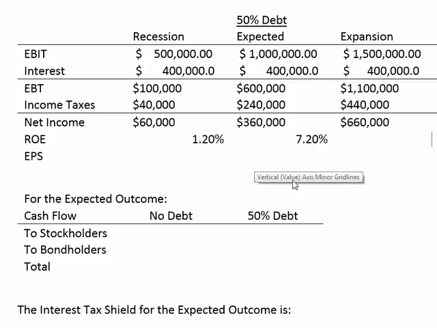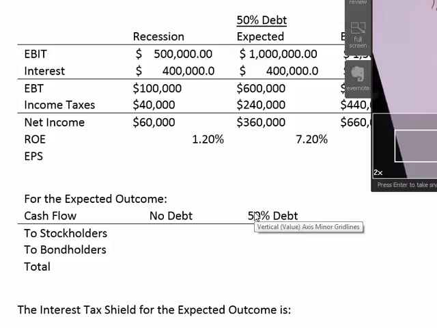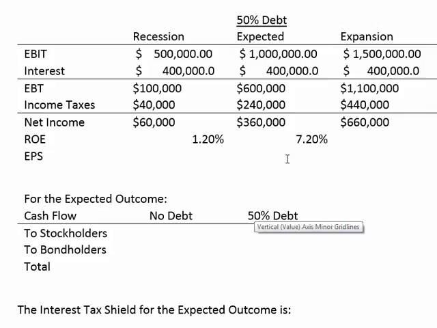And then finally, $660,000 divided by $5 million gives me 13.2%.